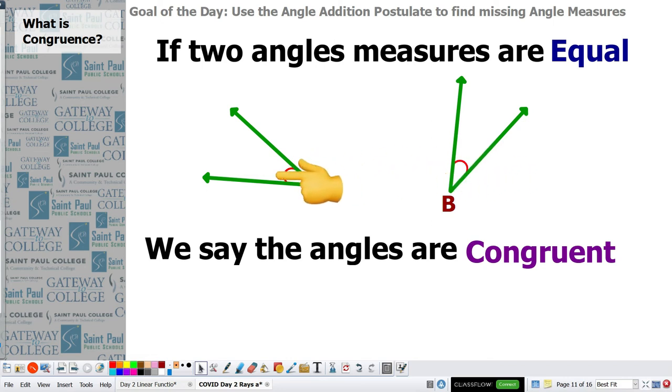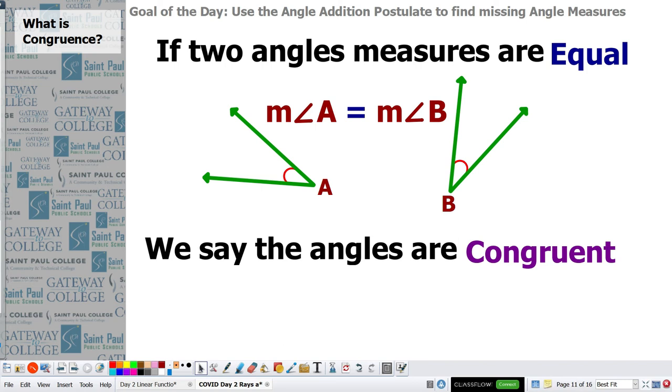That tells you that these two angles have the same size. Now, we'd write the statement, the measure of angle A equals the measure of angle B. Whatever that measure happens to be, 30 degrees, 40 degrees, they're the same, okay? If A is 30, B is 30. If A is 40, B is 40 degrees.